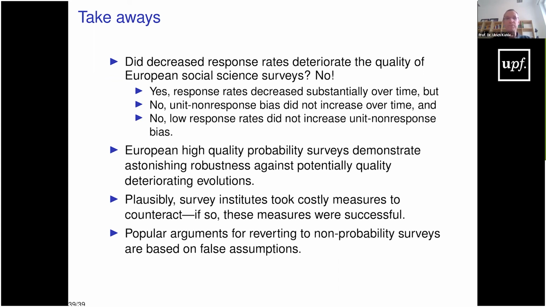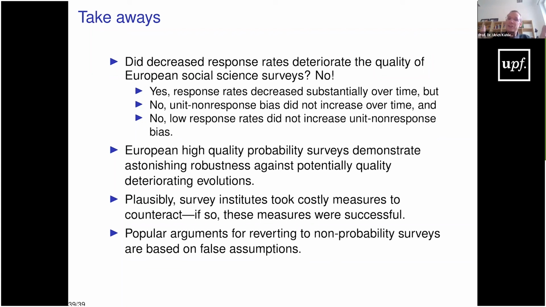So these European high-quality probability surveys demonstrate astonishing robustness against potentially quality-deteriorating evolutions. It could be the case that the survey institutes took costly measures to counteract this evolution. That might be the case, and we believe that is the case.